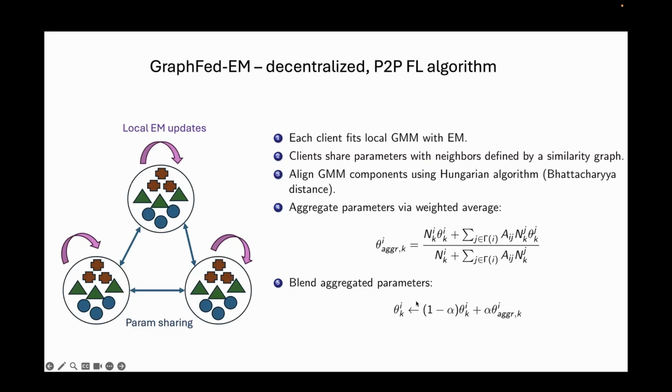In the next step, we have a blending step, where we have a convex sum of the locally optimal parameter plus this computed aggregated parameter. This is a way to control how much the aggregated parameter actually impacts our update. It's mostly based on trying things out, an experimental approach. It's not derived from principles or theory. It's more like a basic heuristic.